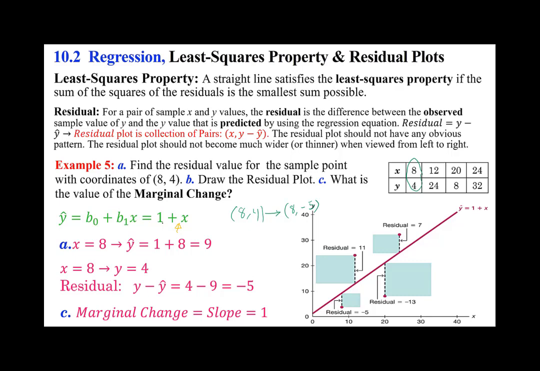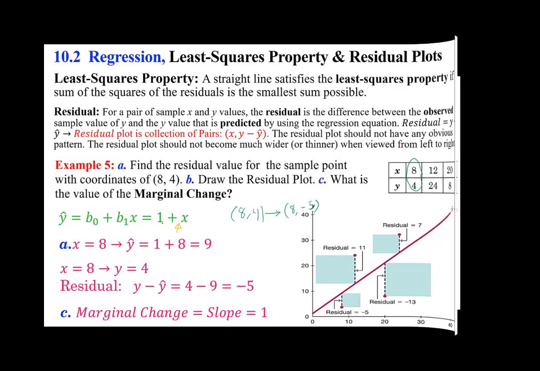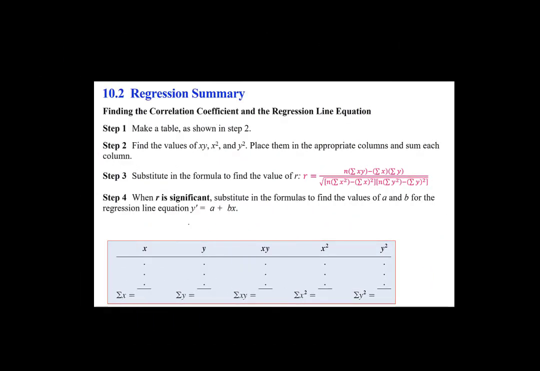If it is significant, regression summary, how do you know it's significant? You really have to go through the test of hypothesis. But by just looking at it, you can tell: between 0.7 and 1 is a strong positive relationship. Between negative 1 and negative 0.7 is also a strong negative relationship. And in that case, you can predict using the regression line and the regression equation.